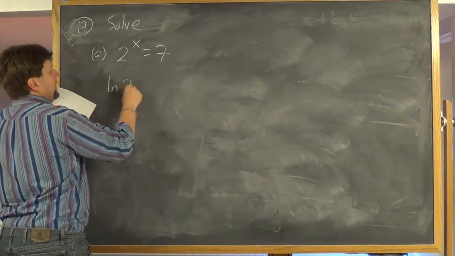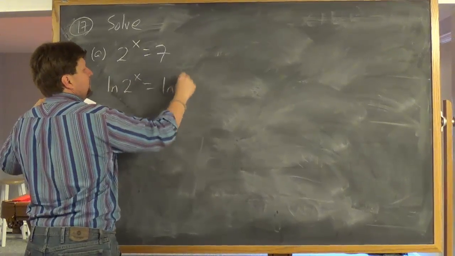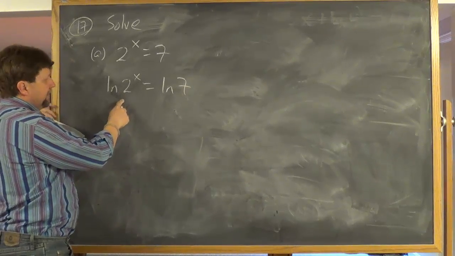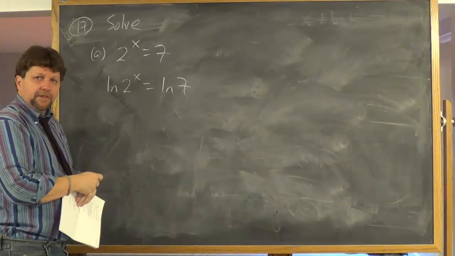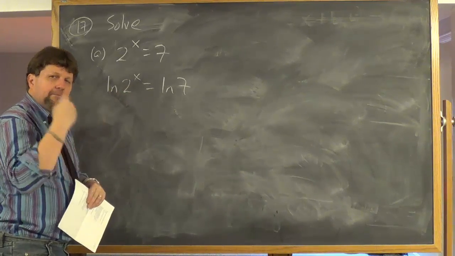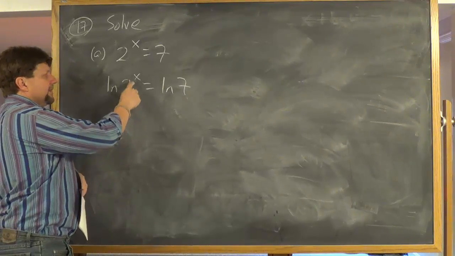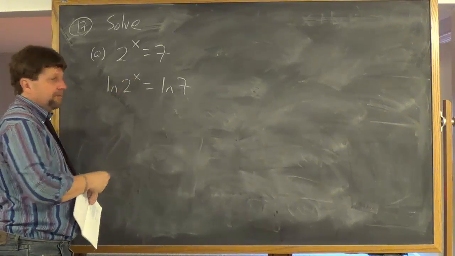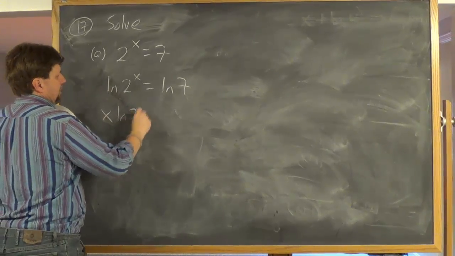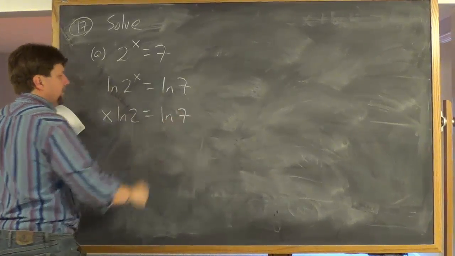So when I take the natural log of both sides of the equation, check out what happens over here on the left side. x is in the exponent position. So you have the natural log of 2 to the x. We have that property of logarithms that says when you have an x in the exponent position, you can move it out front. And that's exactly what I'm going to do.